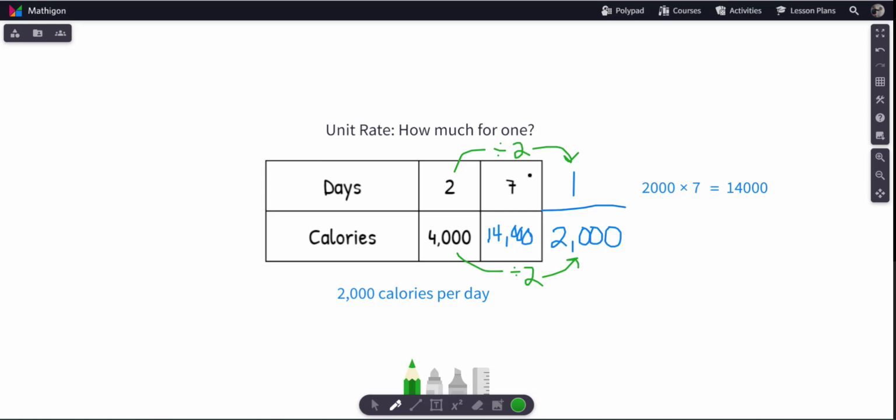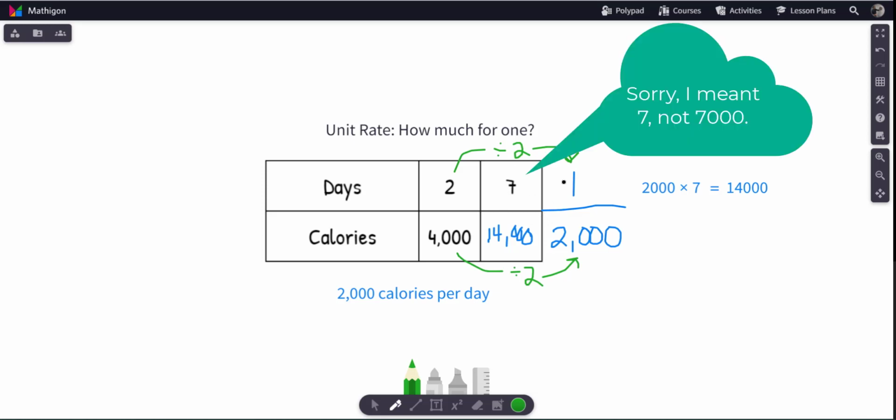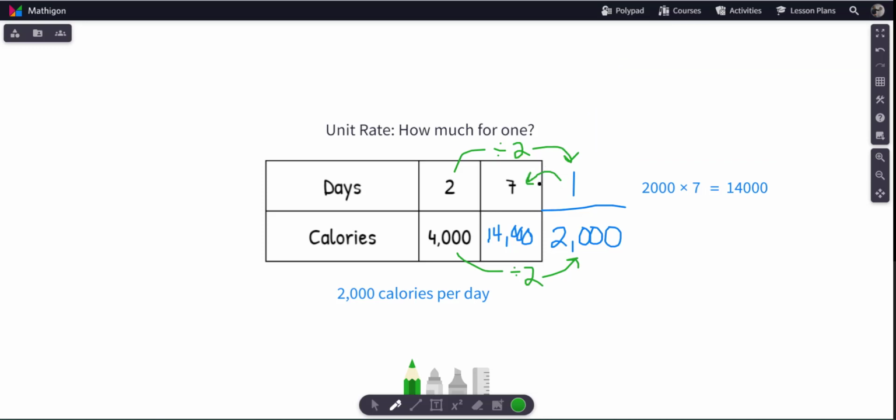But now we really need 7 days. Well, so 1, let's go this direction this time. 1 times 7 is 7. And 2,000 times 7 is 14,000.